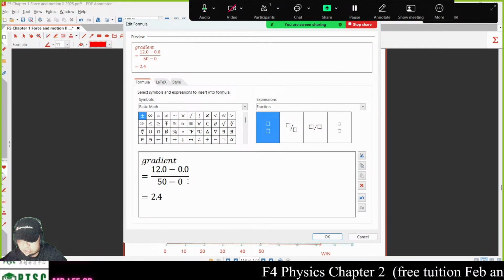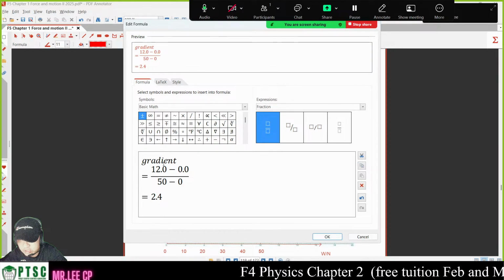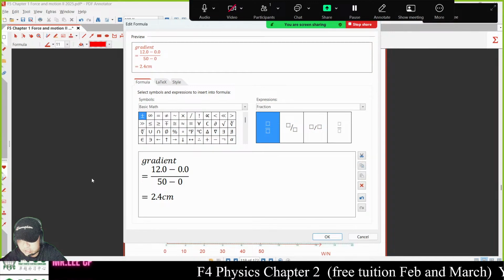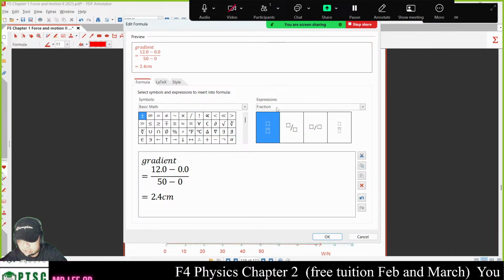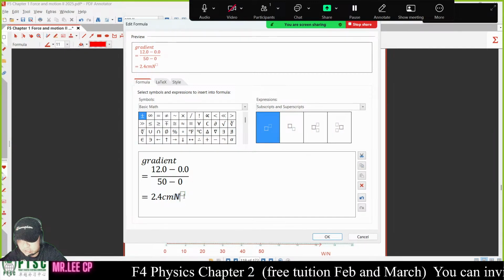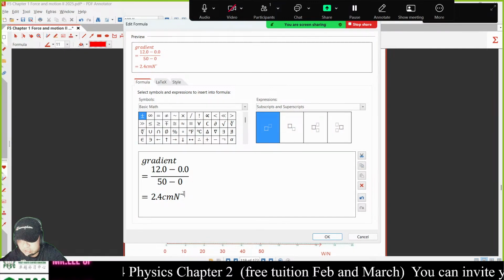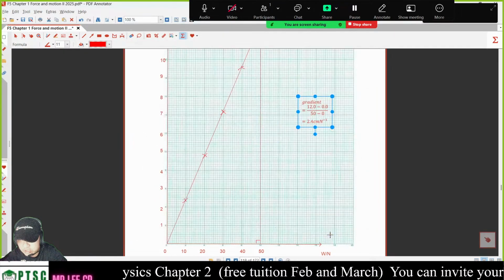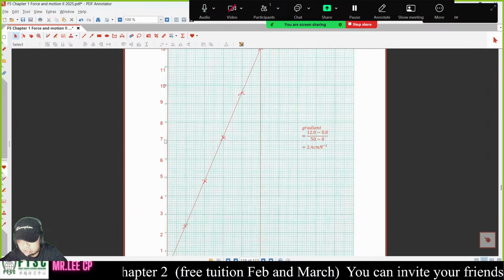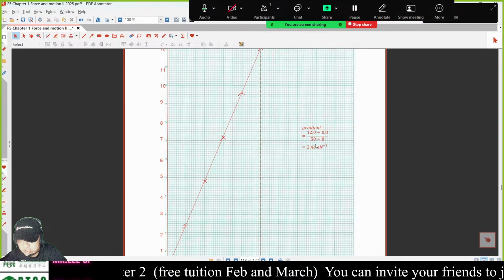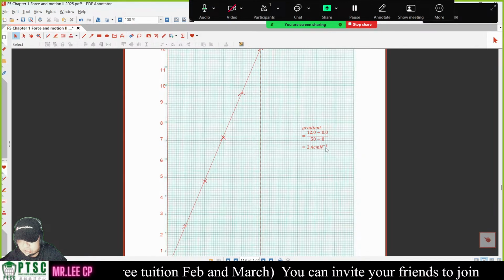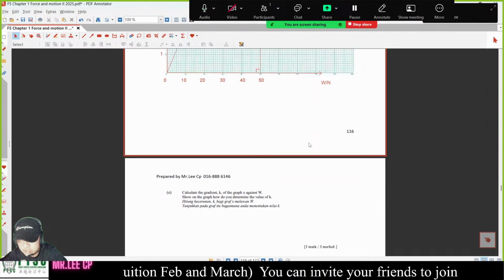You have to put in the unit. No unit, no mark. This is 12 what? cm. This is 50 what? Newton. So the answer is 2.4 cm per Newton.